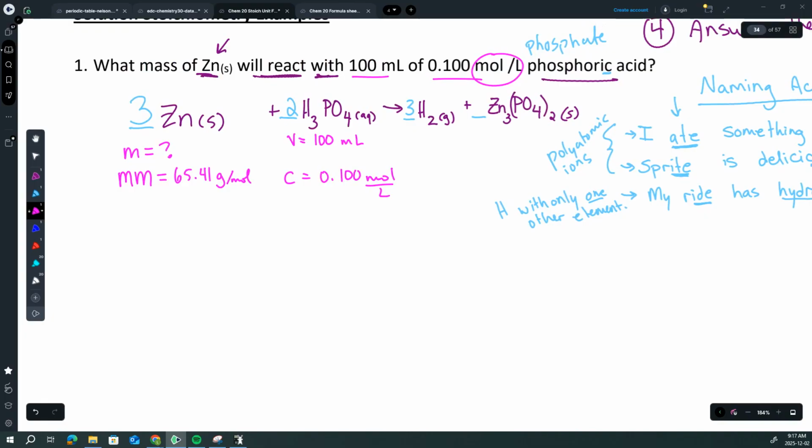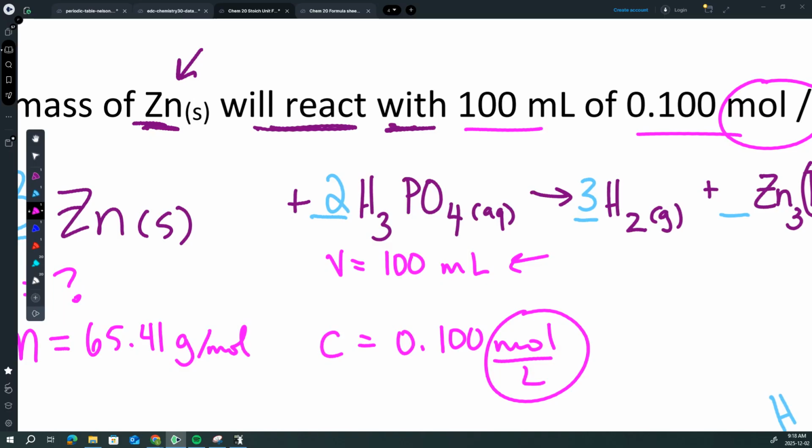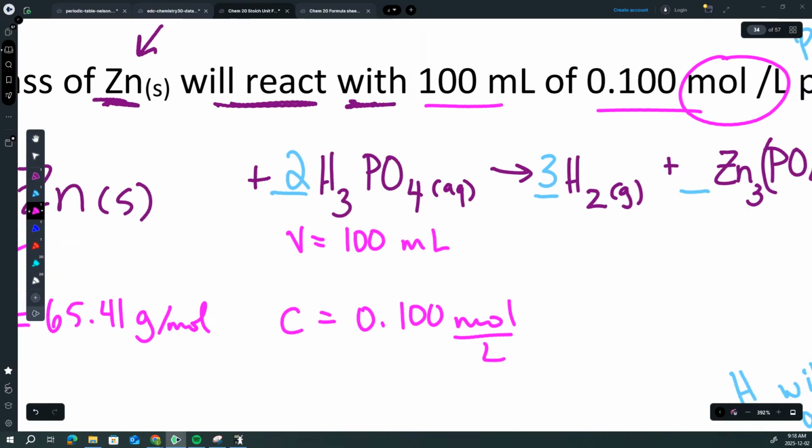Now, if we look here, the easiest number to convert is going to be the number where the units are not a fraction. These units are a fraction, whereas milliliters is not. So that means this is going to be easier to convert.